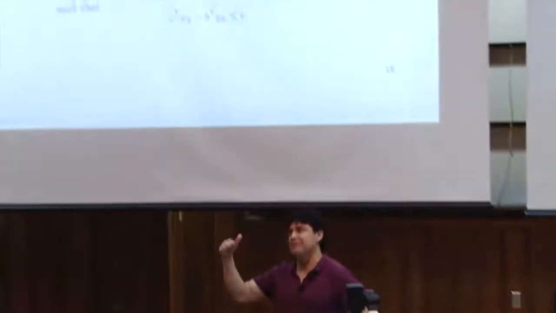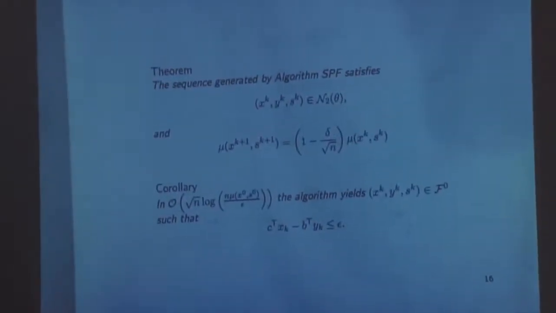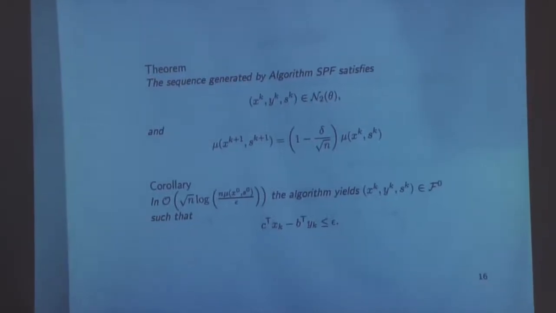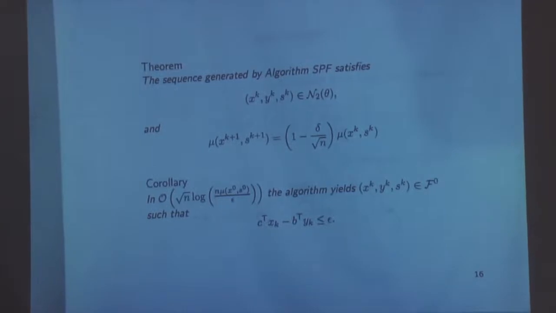But this one would be a much smaller number, okay? In particular, if you think about the corollary, this would mean that after something that is roughly like square root of n log of 1 over epsilon, you get an epsilon solution, whereas here it is n times log of 1 over epsilon, okay?